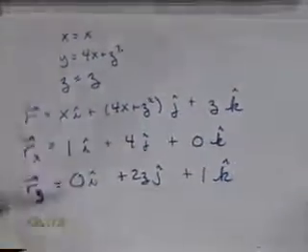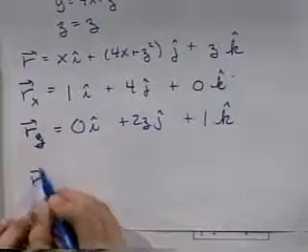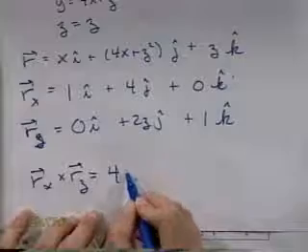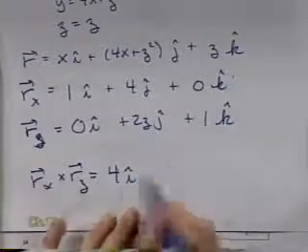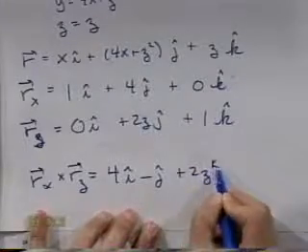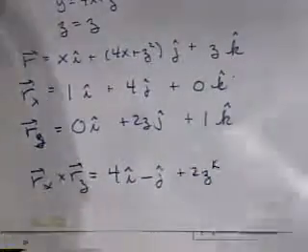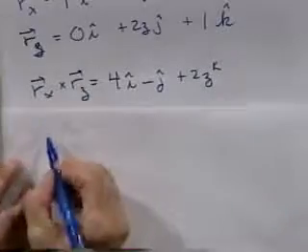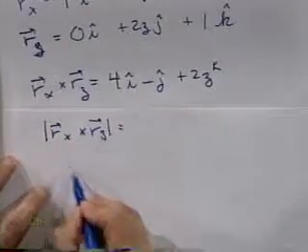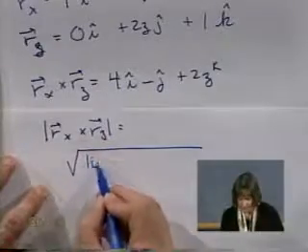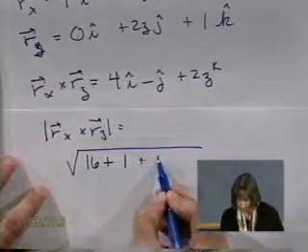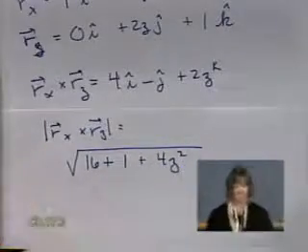To save time, I've already done the cross product, because I know you're getting sort of tired of listening to me. If you want to stop the tape and see if you get the same answer, fine. But you'll get 4i minus j plus 2z k. All right. And so the magnitude of r_x crossed r_z is the square root of 16 plus negative 1 squared, which is 1, plus (2z) squared, which is 4z squared.